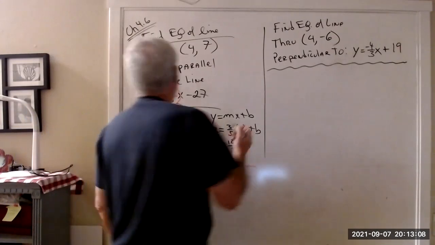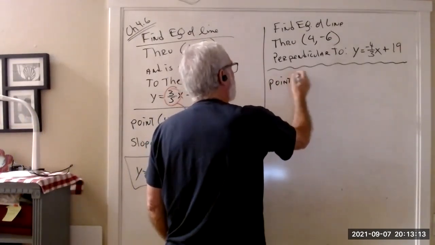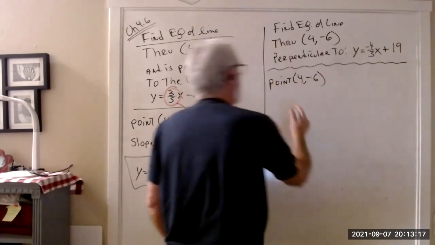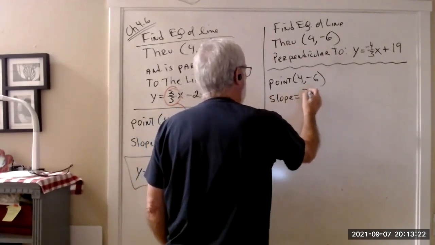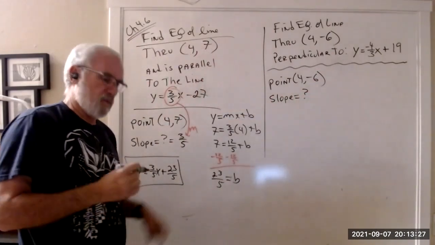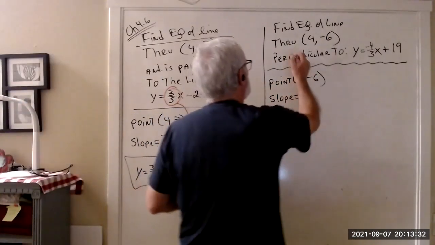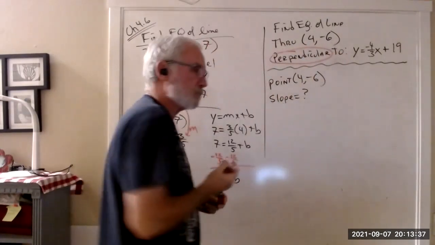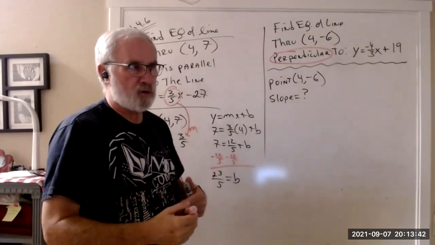Okay, so once again, I have a point which is 4 comma negative 6. My slope is a little bit harder this time. Because it said perpendicular, I have to use that opposite reciprocal.